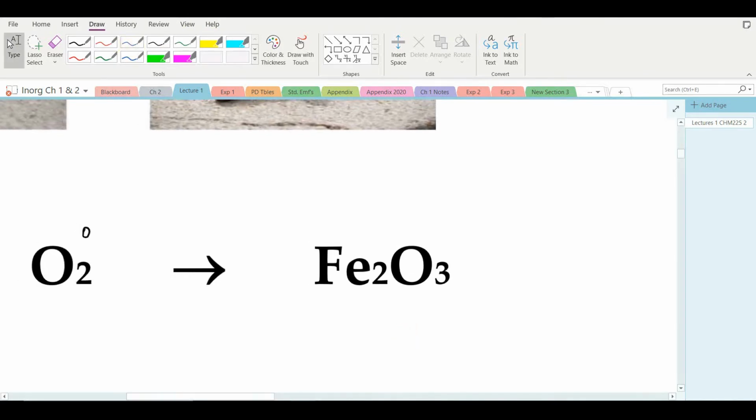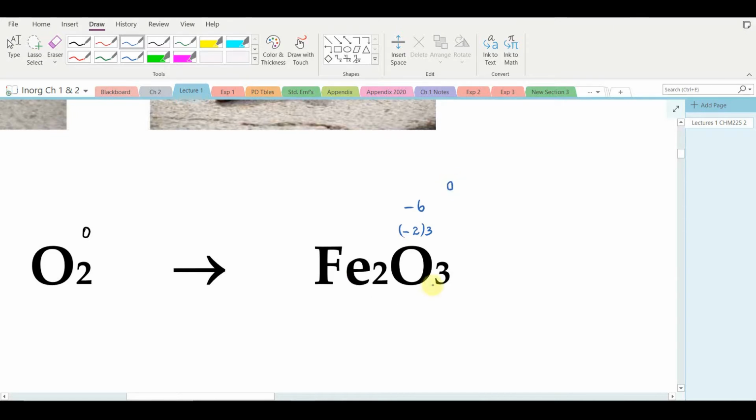So we know that oxygen is almost always -2, with few exceptions. And I see from the formula that there are 3 oxygens, so 3 times -2 is -6. The total negative charge for the 3 oxygens is -6. Now the total charge on Fe2O3 is 0, unless otherwise shown.